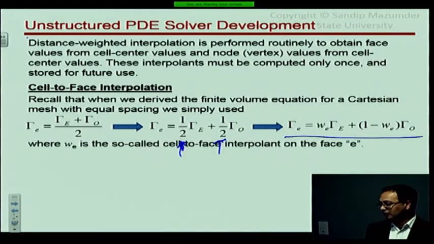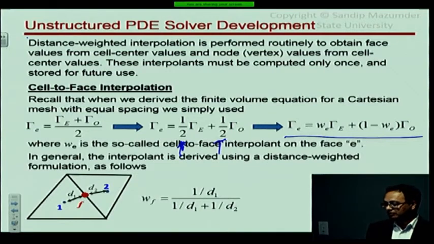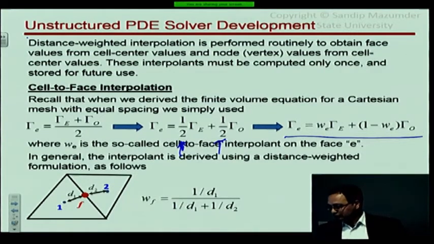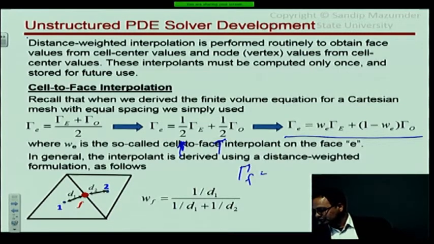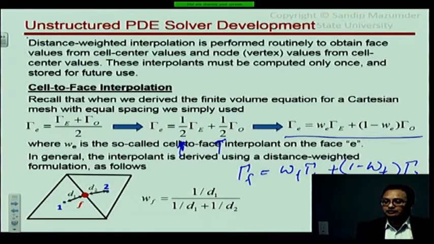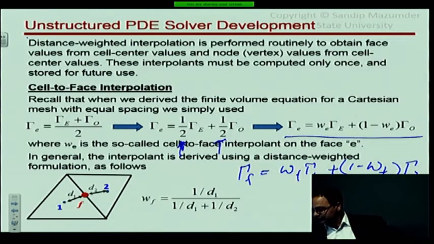Now, how do we get those weighting functions in general? Suppose you have a mesh like that. We would say gamma f is equal to this weight function times gamma 1 plus 1 minus the weight function times gamma 2. That's our formula for interpolation. So the question is, what is this weighting function?